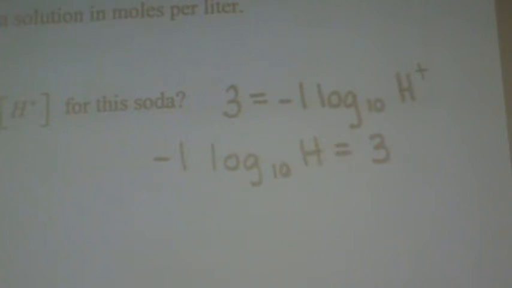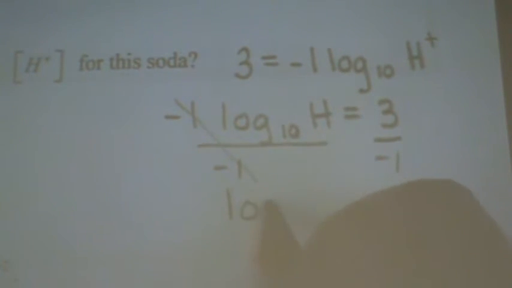Yeah, and you can do that. You get to do that. So let's divide this by -1. Both sides, you get to do that. Those cross out. So you have the log of h plus, if you want to put the plus there, base 10 equals -3.